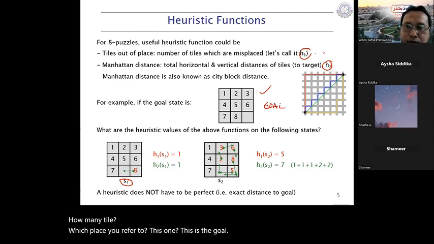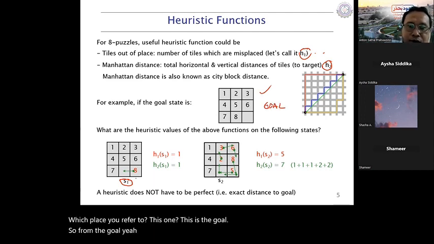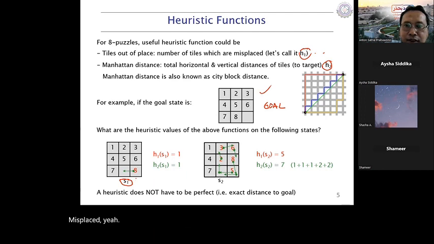From the goal, how many tiles are misplaced here? 1, 2, 3, in the right location. 1, 2, 3, 4, 5, 6, same location as the goal? 4, 5, 6, same location.